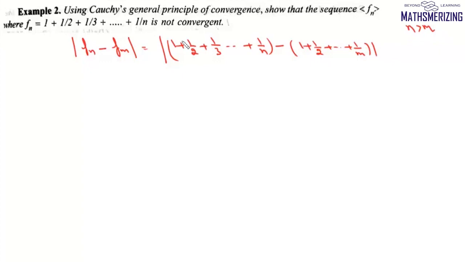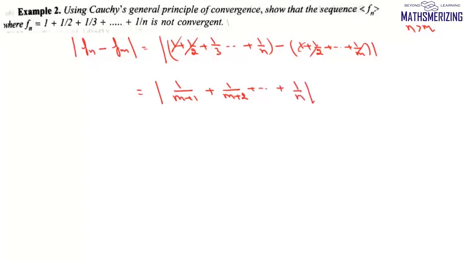Now here 1 by 2 up to 1 by m will cancel. So we'll get this as 1 upon m plus 1, plus 1 upon m plus 2, up to 1 by n.